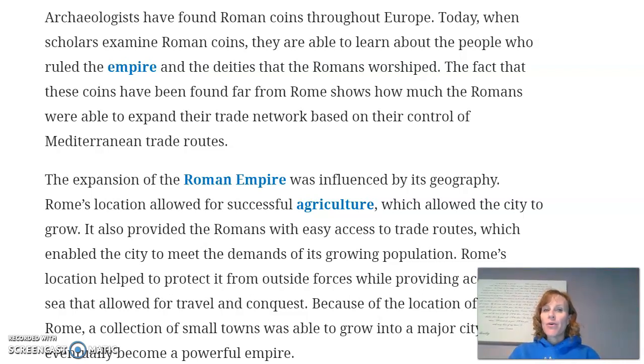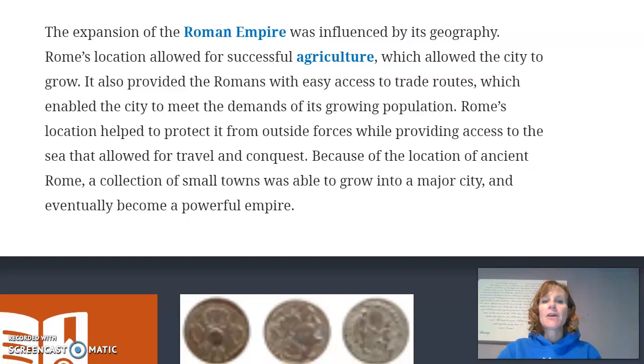And they also know that because they have found these coins far away from Rome, it shows how much control the Romans actually had over the trade routes because their money was traveling far away from where it originated or came from. All right, the next paragraph.